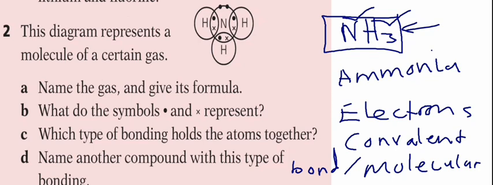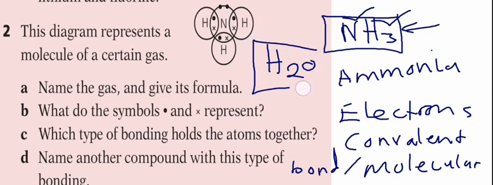Then the type of bond that exists between a non-metal and a metal is called ionic bonding. Question D. Name another compound with this type of bonding. So we can talk of water, which is H2O. H2O has the same bonding as ammonia because it contains hydrogen and oxygen, which are non-metals.